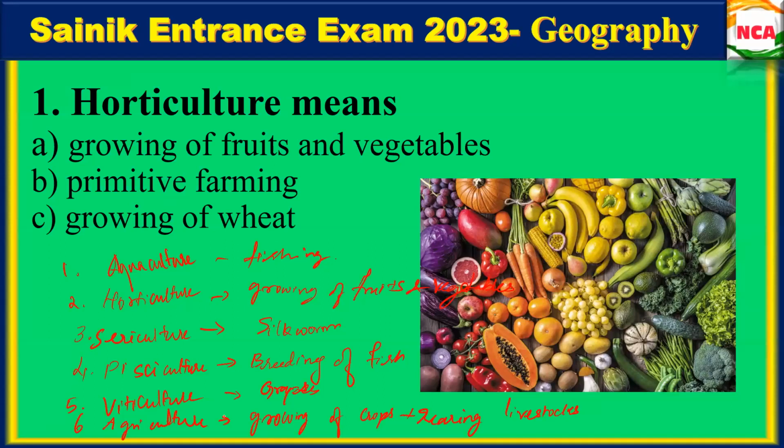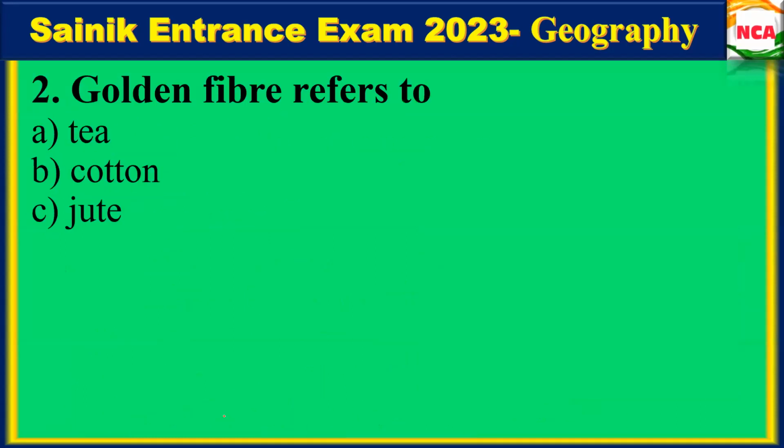For example, see this next one, golden fiber. The second one is: golden fiber refers to dash. It is tea, cotton, jute. So what's the right answer?